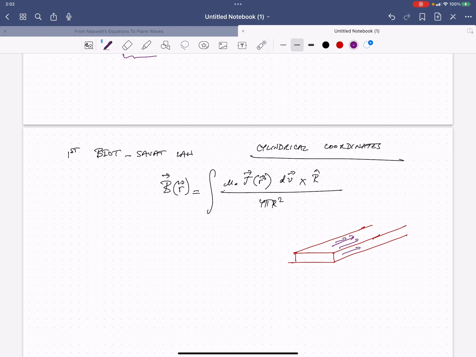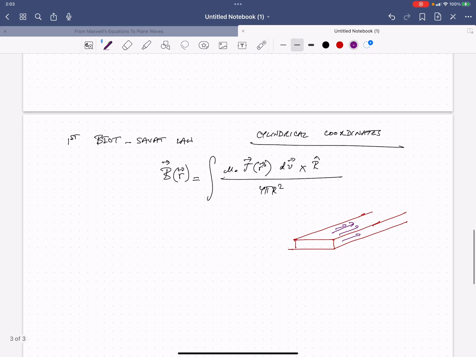Basically, you have to integrate that current over the cross section, which may or may not be uniform. You would do the cross product with r and divide by 4 pi r squared, and figure out the magnetic field around this rectangular shape, which is more like a printed circuit board.